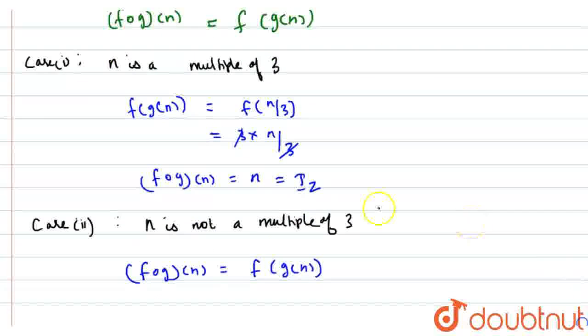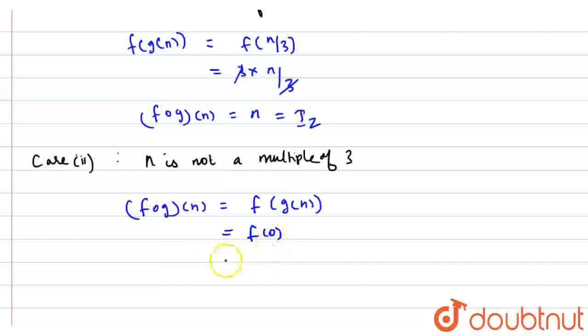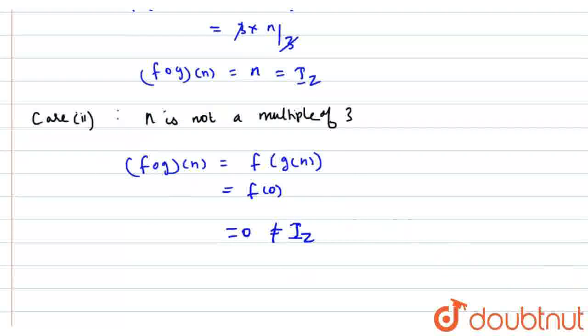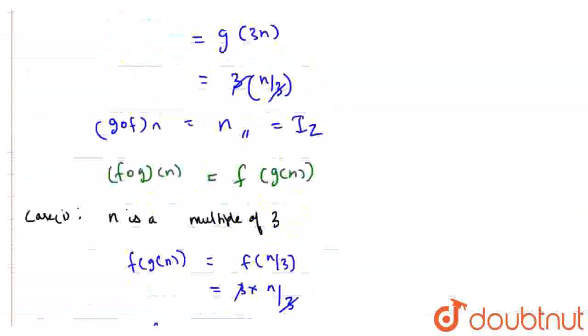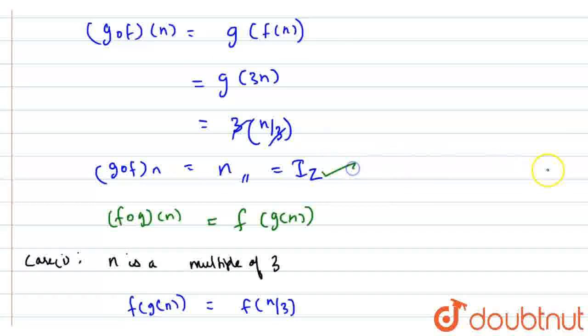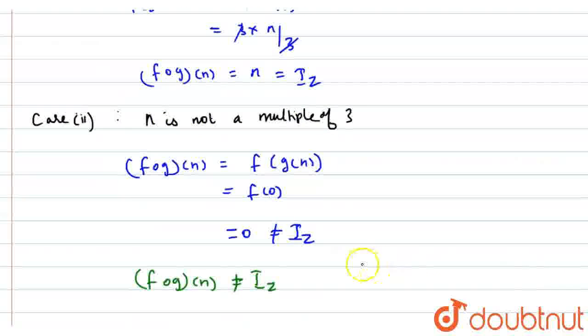So I will have f of 0, and since the function is 3n, 3 into 0 is again 0. So we can say that 0 is not equal to the identity on the integer set Z, because the integer set contains all the elements from minus infinity to infinity. So from both cases we showed that the function f of g of n is not equal to the identity on Z. So we have proved the first one and we have proved the second one.